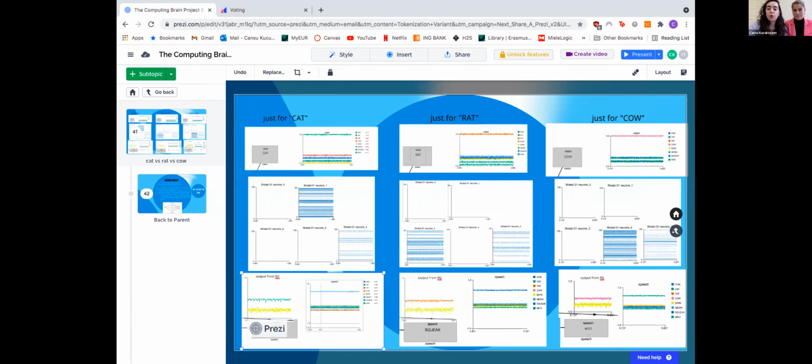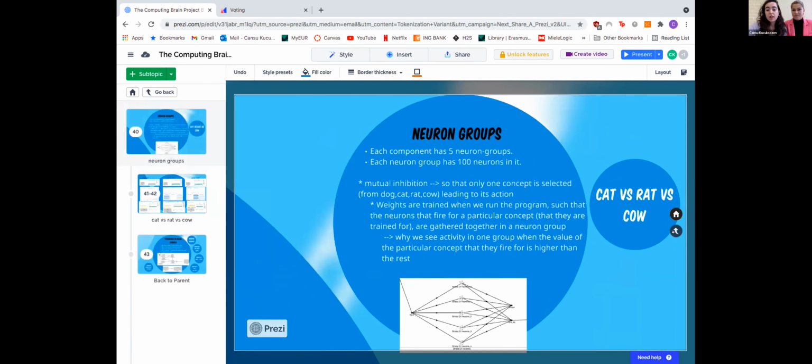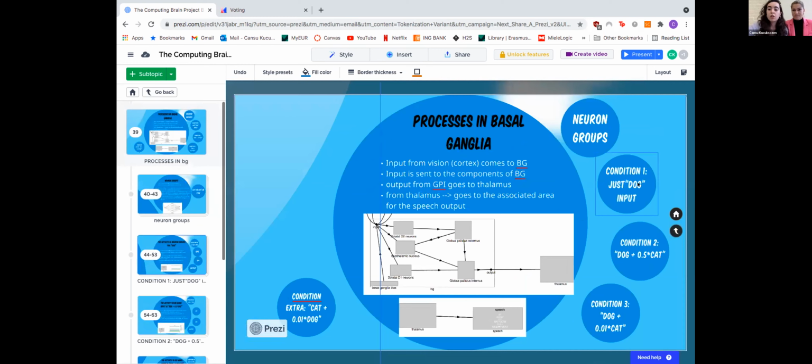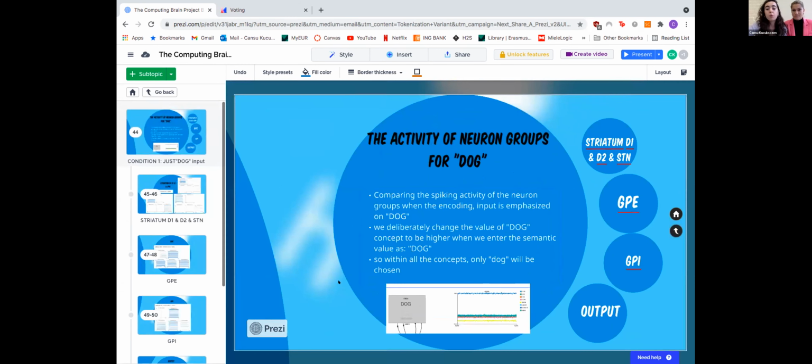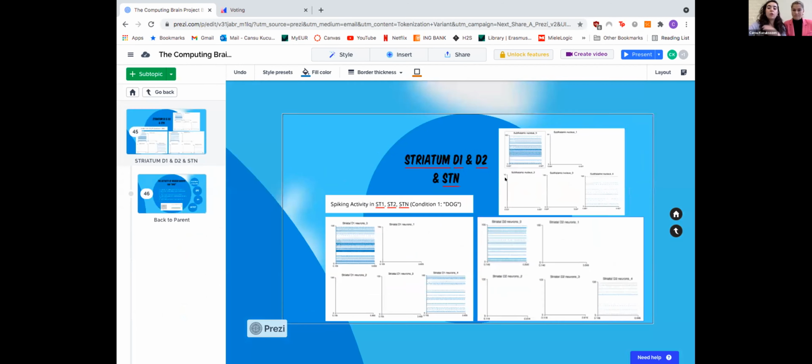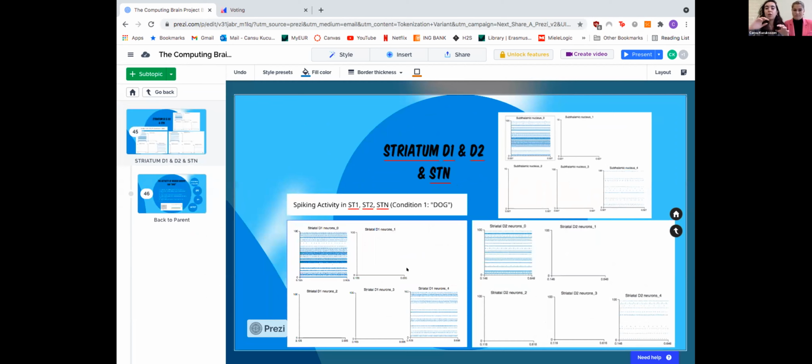So now we're going to show you the type of simulations that we did in order to show this. In condition 1, we just put in the dog input and observed what happens in each group of neurons, what type of activity we see there. When we look at ST1, ST2, and STN, we have similar patterns: the group of neurons trained to be activated more for the dog shows more spiking activity, and it mutually inhibits the other groups from spiking.